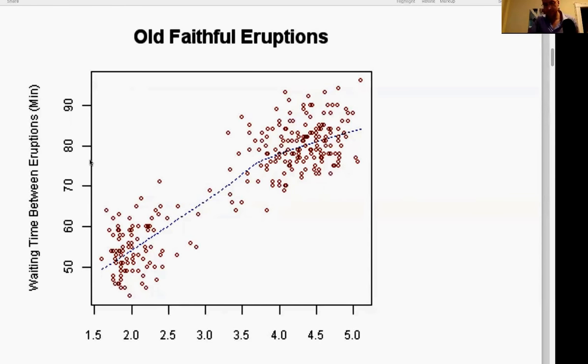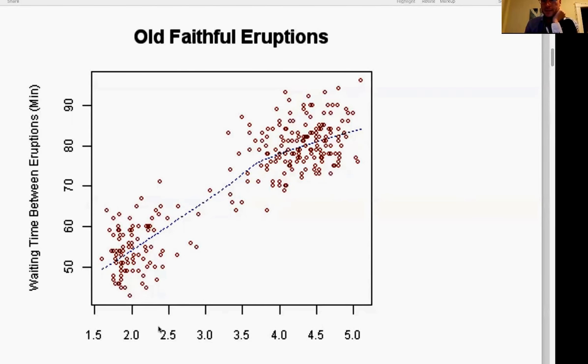Now, this is interesting because it's pretty information dense. The title simply says Old Faithful Eruptions. But what it gives you is essentially information on the association or relationship between two numeric variables.